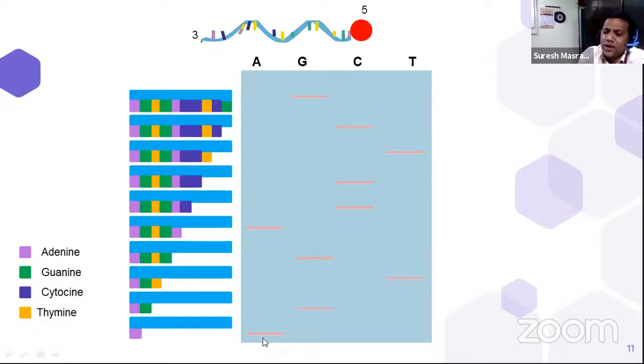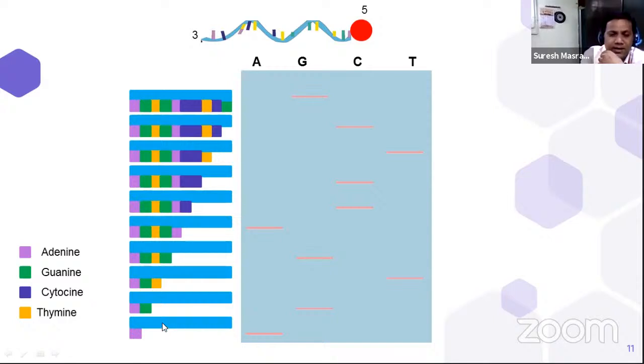The lightest DNA obviously must have the entire 10 base pair long DNA fragment which we see, and it must consist of a single nucleotide, and that nucleotide must be adenine. How do we know that it is adenine? Because it is seen in the lane of the tube where we put the dideoxy ATP.